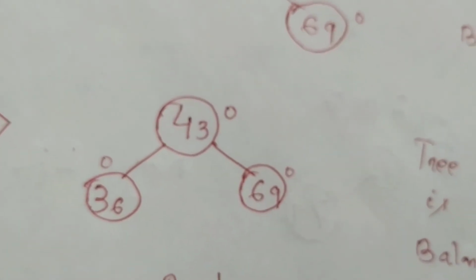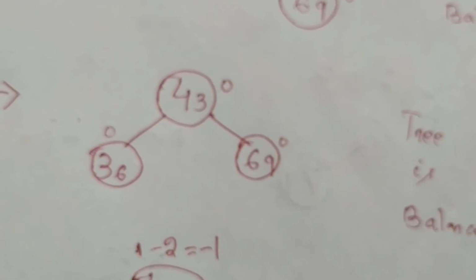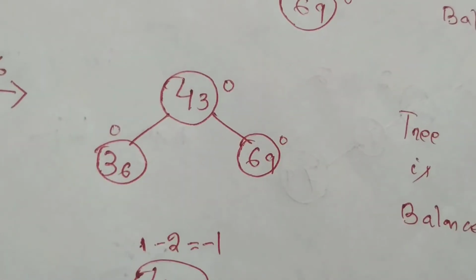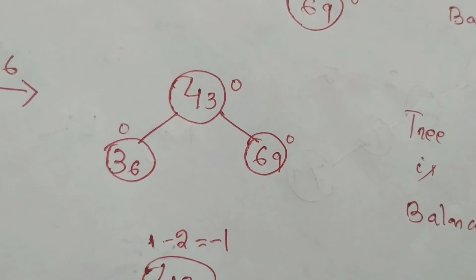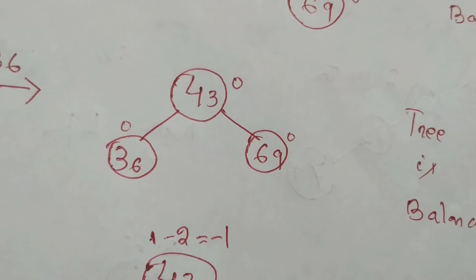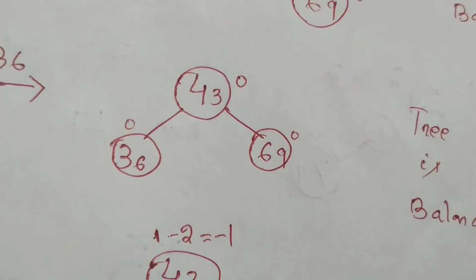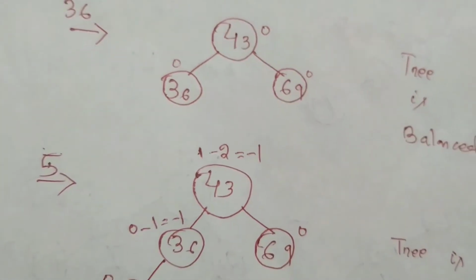Now we find the balance factor, right subtree minus left subtree. 69 is 1 right subtree, 36 is 1 left subtree, so the balance factor of 43 is 0. And 36 and 69 don't have any child, so their balance factor is 0, so the tree is balanced.